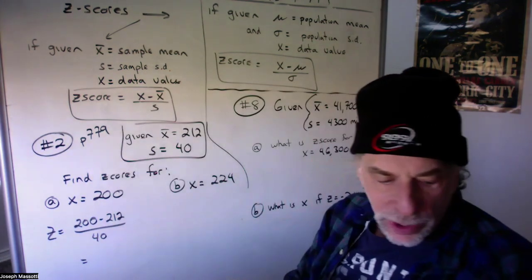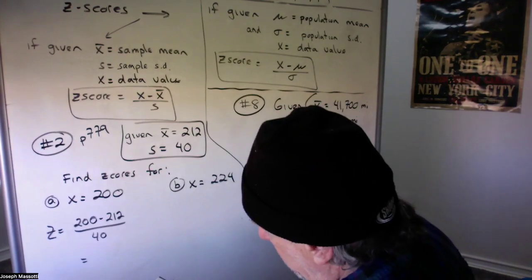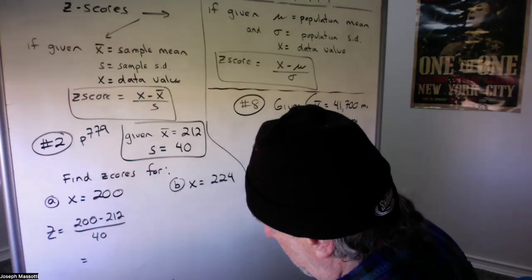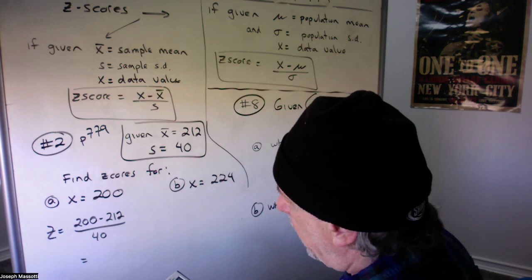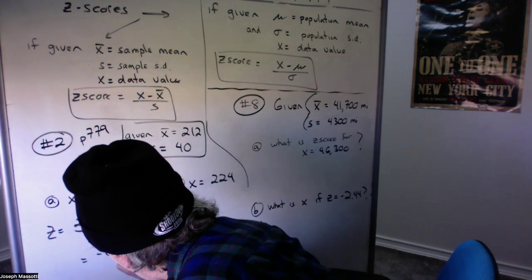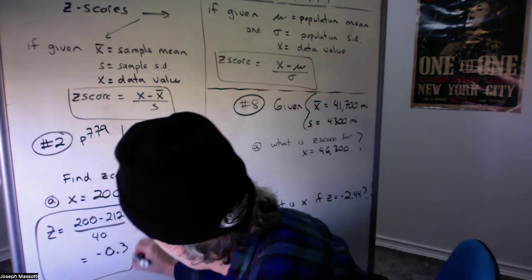And we're going to come out with a number of negative 12 divided by 40. And that is negative 0.3. So negative 0.3 is going to be our z value.